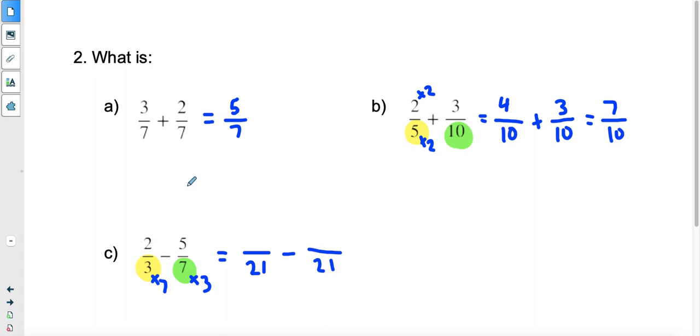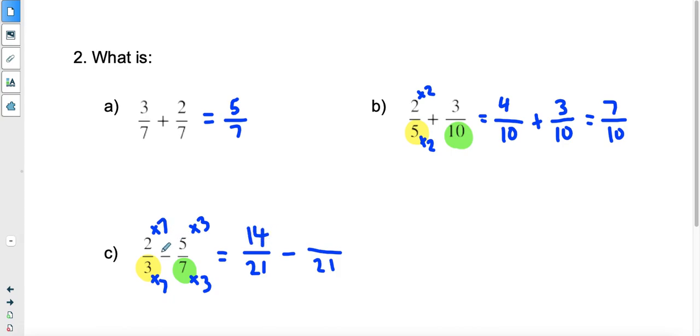And now, of course, here, if I multiply the denominator by 7, I have to multiply the numerator by 7 as well. Same thing here. If I multiply the denominator by 3, I have to multiply the numerator by 3 as well. 2 times 7 gives me 14.